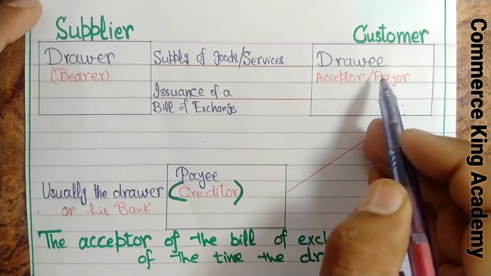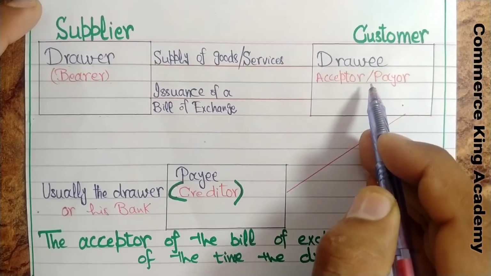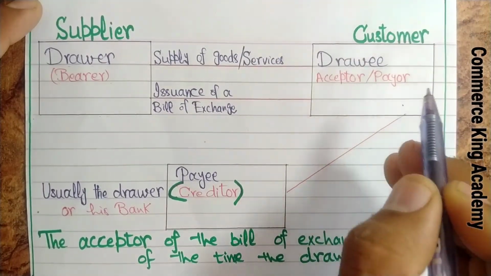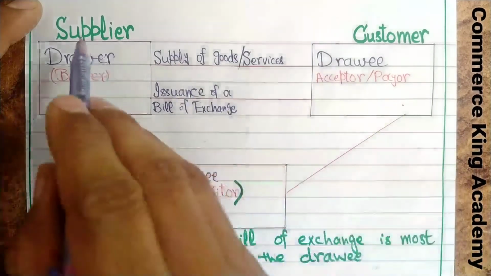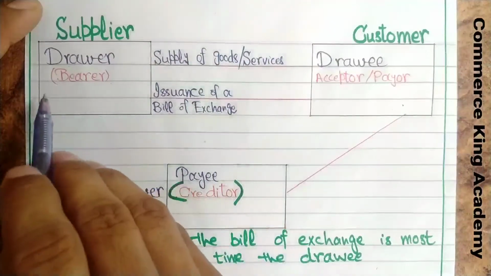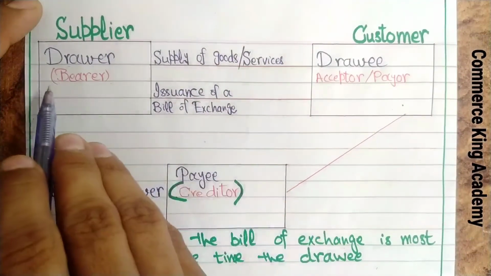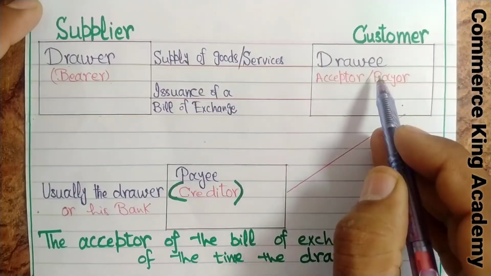This is the person who receives the goods and services or accepts a bill and is liable to pay for the goods or services which he received from the supplier or drawer. So the drawer is the issuer of the bill of exchange, and this is the receiver or acceptor of the bill of exchange.